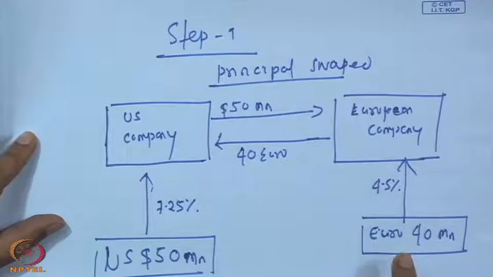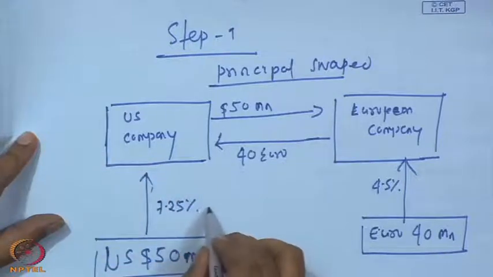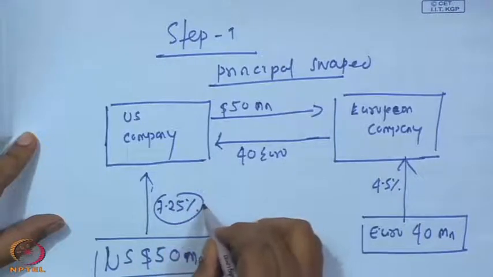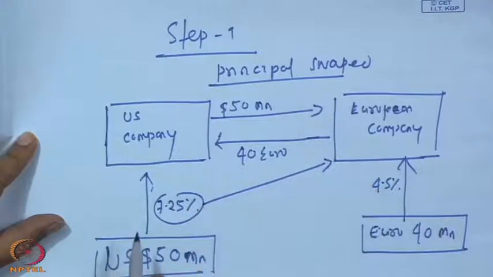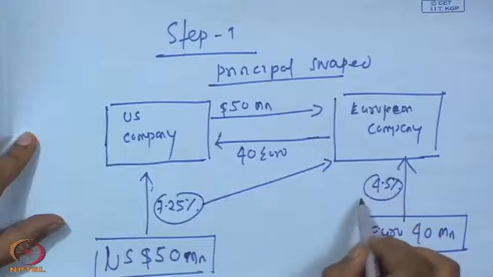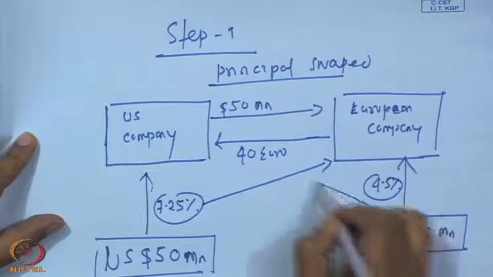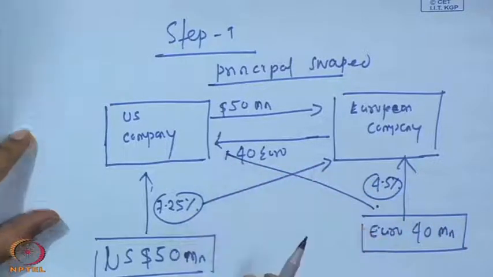Who will pay the interest on the 40 million euro loan? The US company will pay. So 7.25% US dollar interest will be paid by the European company, and 4.5% euro loan interest will be paid by the US company. That is the step 2 transaction of interest payment.